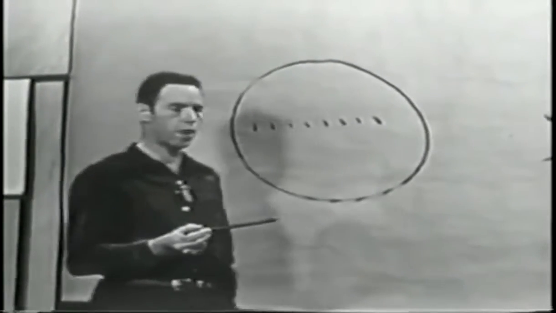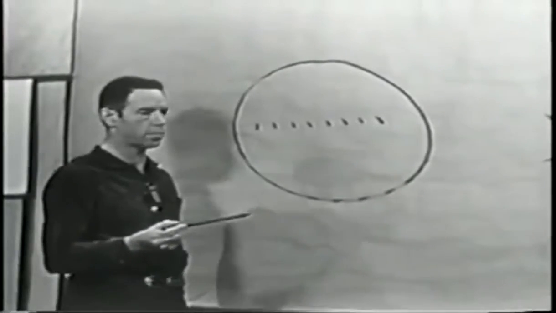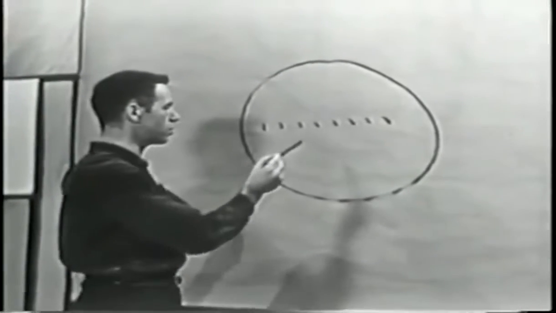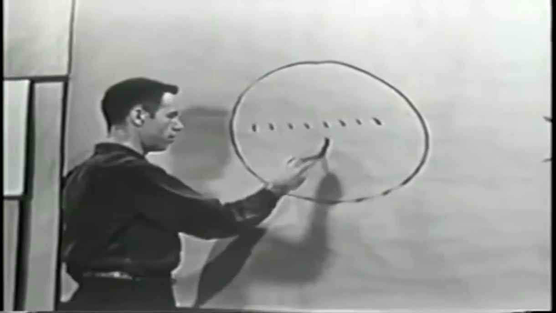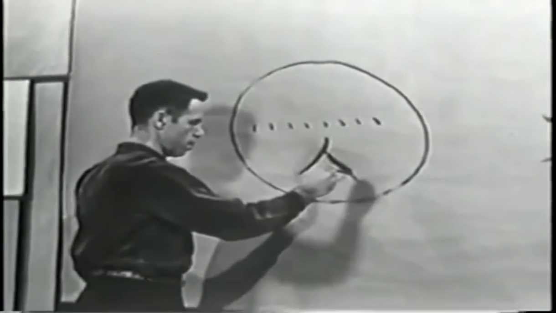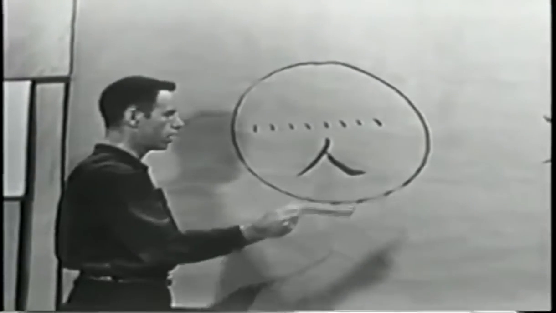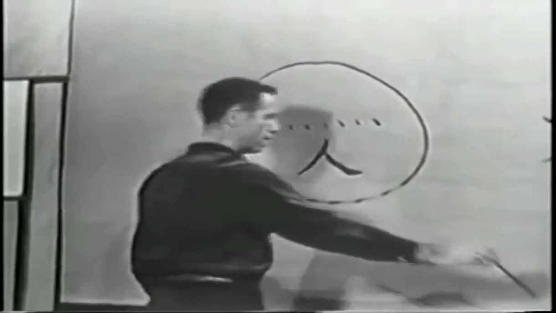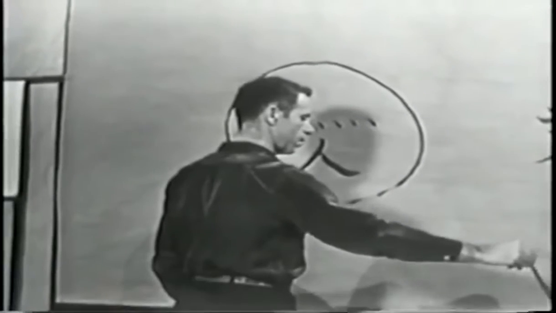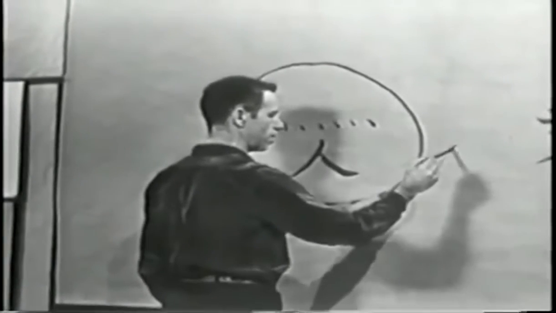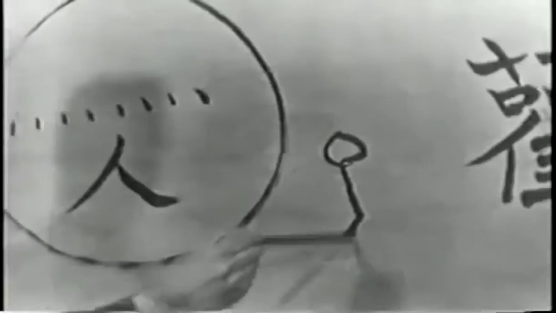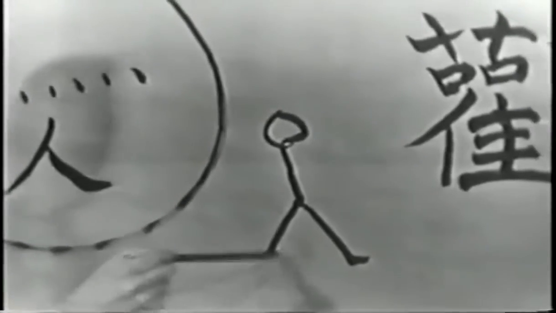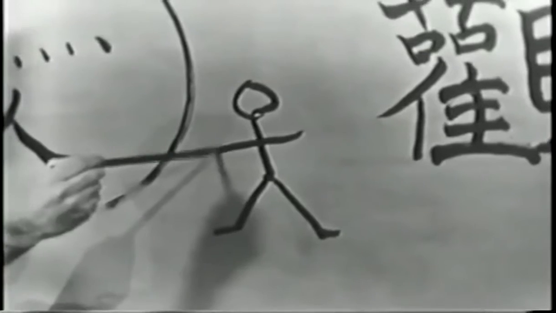What do I mean by abstraction? Well, a lot of Chinese characters are abstractions. If we take, for example, the Chinese character for man, it is written this way. Now, that was originally the head and legs of a human figure. Something, you know, like this, when we draw an abstract figure of a man. Everybody knows that's a man. But as a matter of fact, it cuts out a great deal of man.